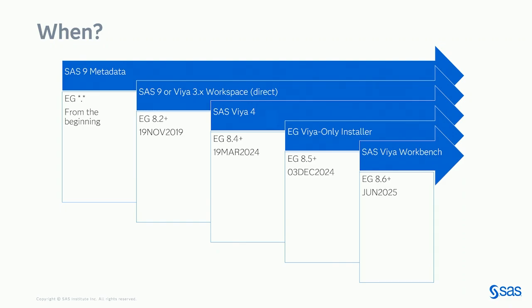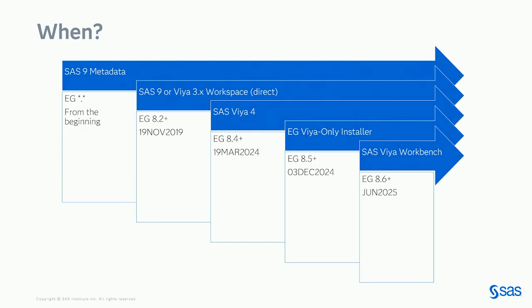It also enabled connections to VIA 3 because there is a workspace server in VIA 3. And then Enterprise Guide 8.4, this was March of last year, we added the ability to connect to VIA 4 servers. In December of this past year, we actually released an EG VIA-only installer.